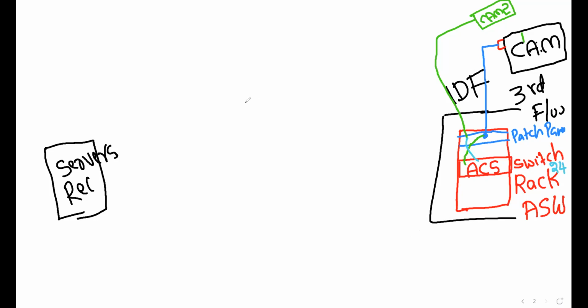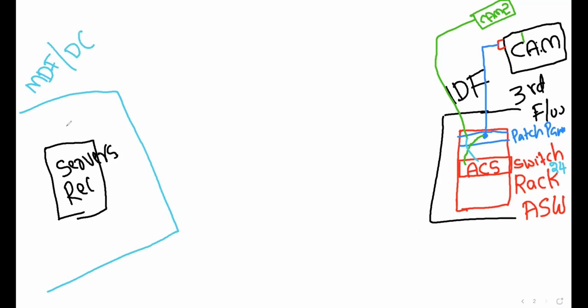Now you have a server, which is again in one specific room. This room we call the MDF or data center. Within the data center or the MDF, you will have a rack.